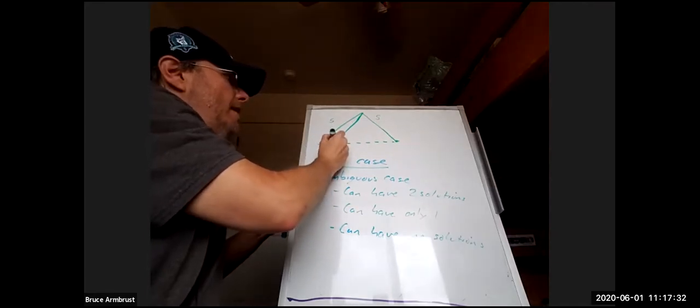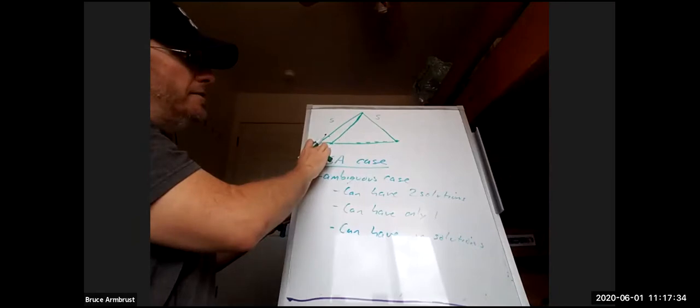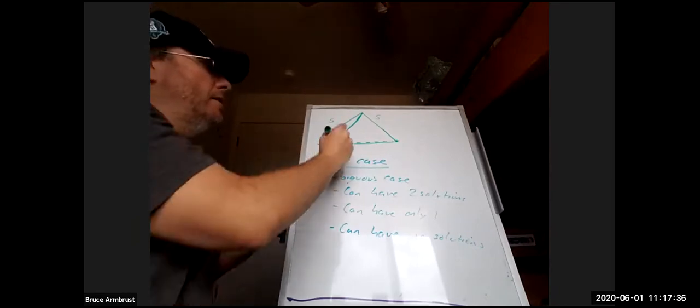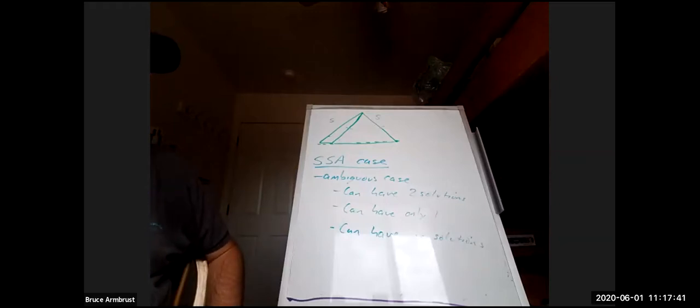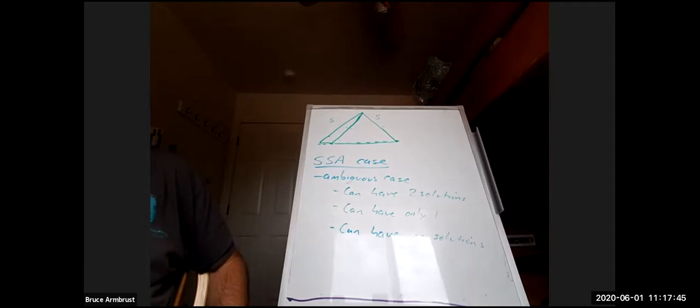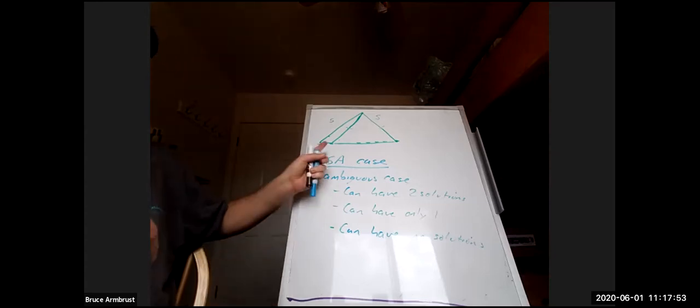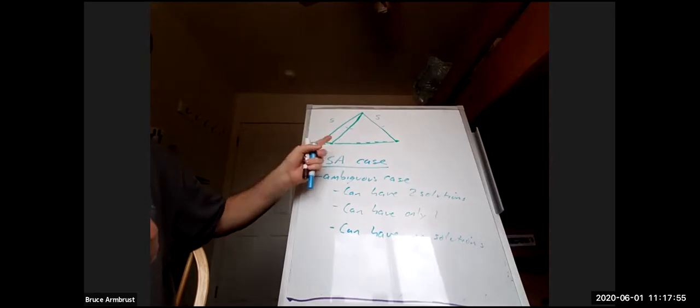Notice that it gives me a second triangle, this little thin one, where those two are the same length. This is what happens when we have two solutions. These combinations of numbers, the two side lengths and that angle, make it possible to have this sort of picture.